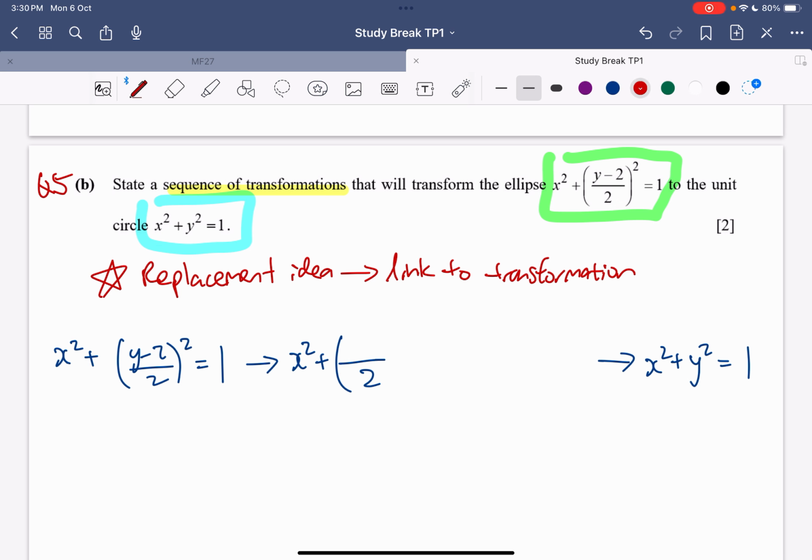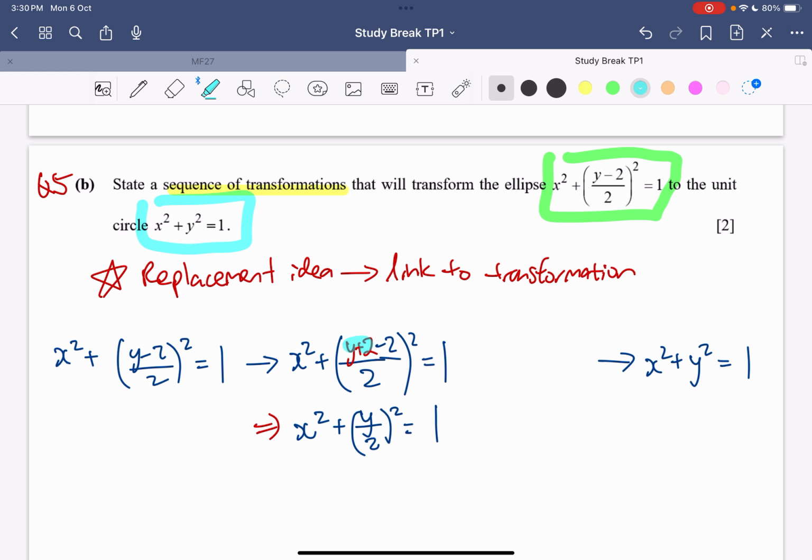So I hope you can see that we are going to replace y by y plus 2, such that when we simplify it, we're going to get x squared plus y over 2 squared equals to 1. This is the simplification that will cancel off with this minus 2. So over here we are just replacing y by y minus 2. Oh, sorry, y plus 2.